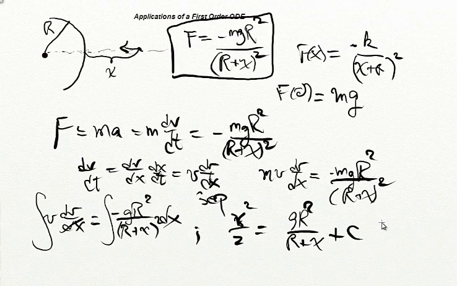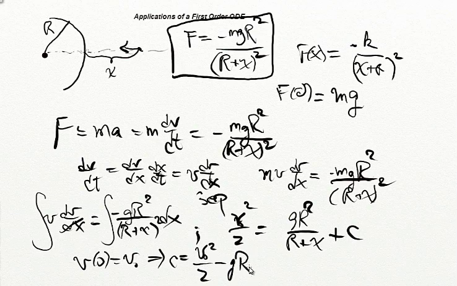To determine that, we use the fact that the initial velocity, v(0), is v0. And if we then plug that in, we get that c is equal to v0 squared over 2 minus gr. And then plugging that into the equation for v squared over 2, multiplying by 2 here, and taking the square root, we get the following expression.